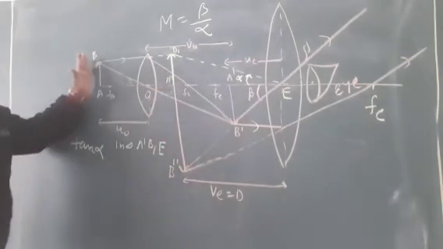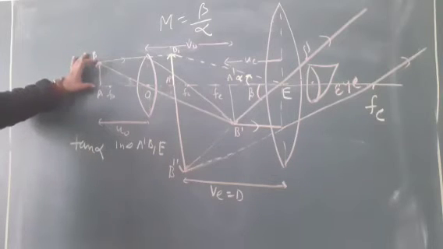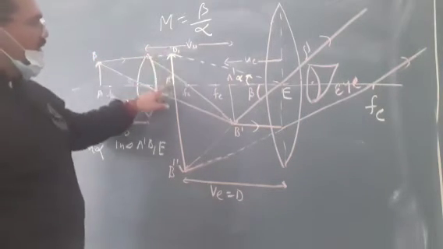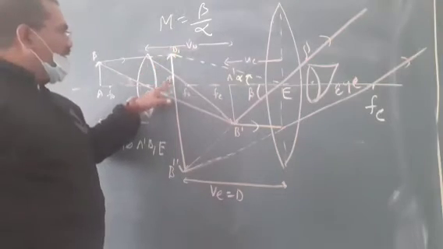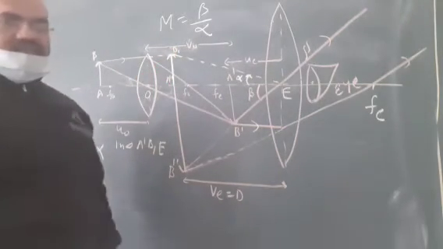So this is the object and you can replace it at this position, A double dash B1.